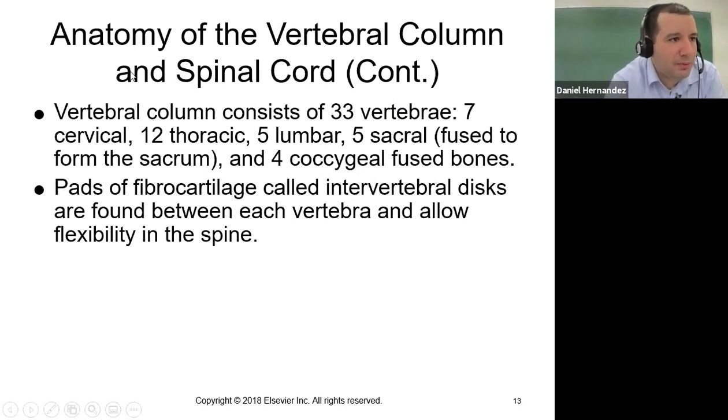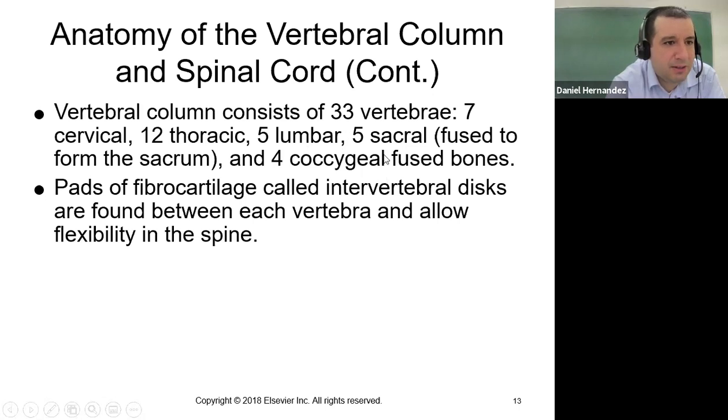So this is important. The vertebral column consists of 33 vertebrae. So it's important to know your numbers. You have your 7 cervical vertebrae, your 12 thoracic vertebrae, and more importantly, remember these 2 numbers, your 5 lumbar and 5 sacral. Because when we start doing these spine ultrasounds, for me, it's easiest to start in the sacral spine. That's the lowest portion.